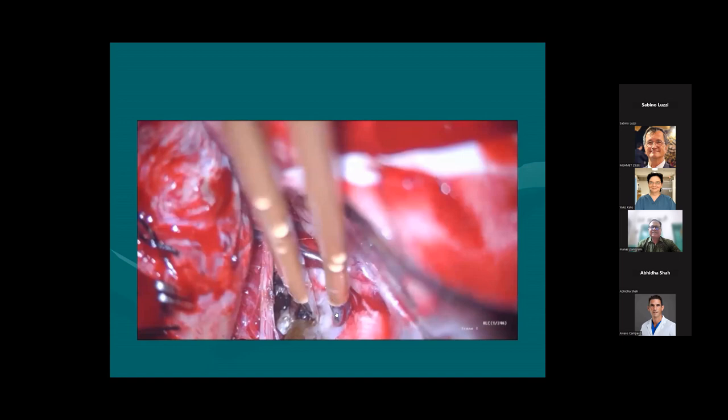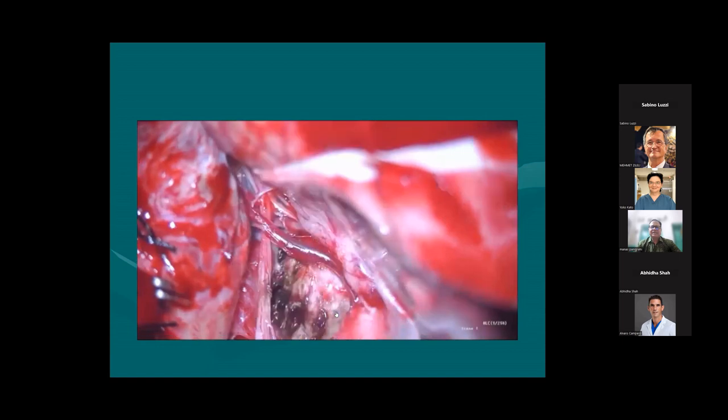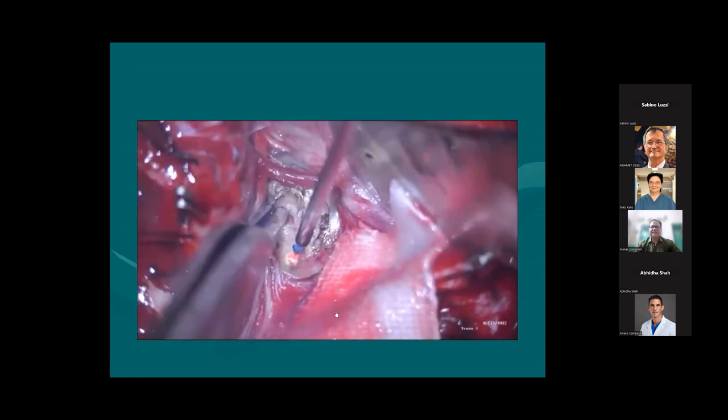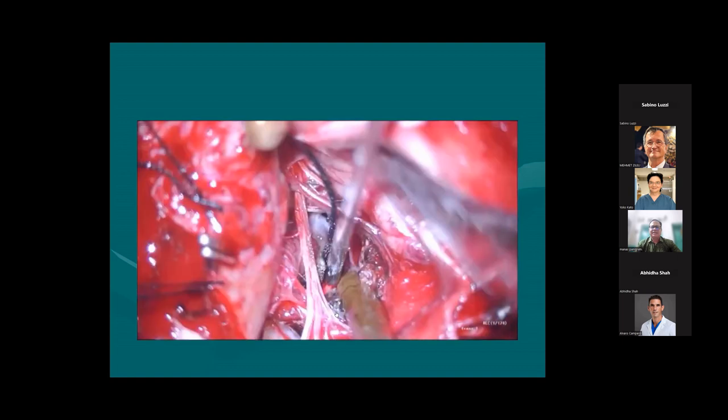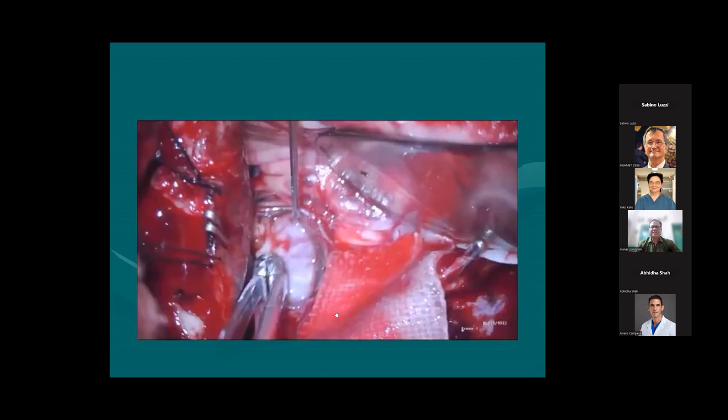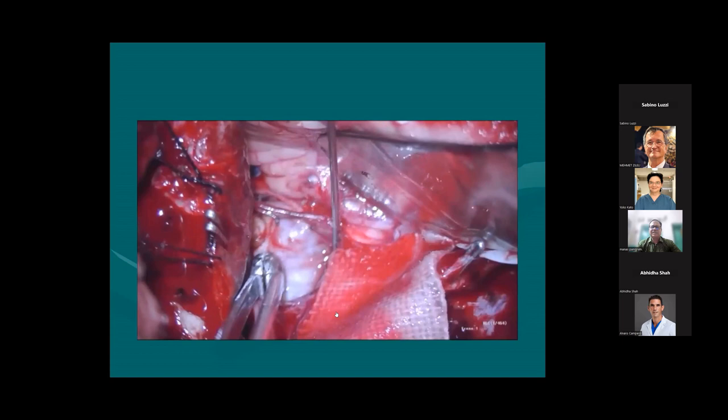After it was detached, internal decompression was done with the laser. The laser has a small footprint. It's easier to do hemostasis than using a bipolar.